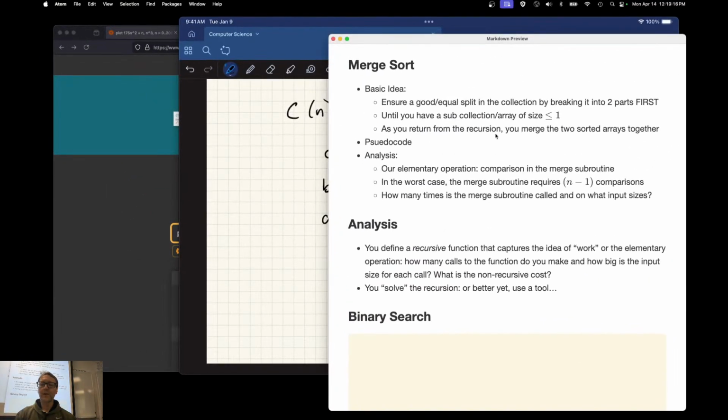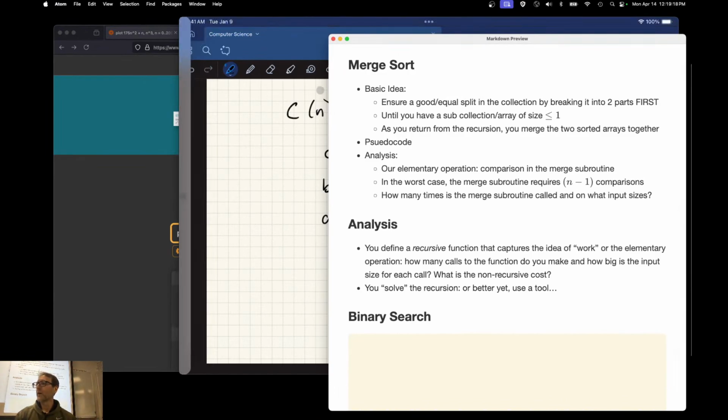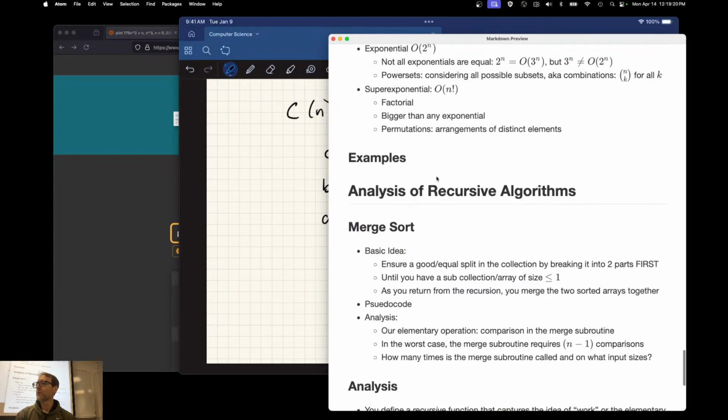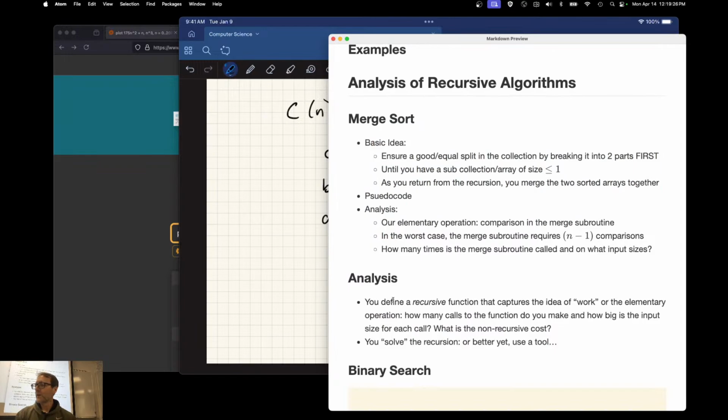So if you're ever in need of analyzing this stuff with respect to recursion, then you have to follow this outline, where you set up a recurrence, and then either you solve it, in which case good luck, ordinary differential equation world, or you just use the master theorem to provide an asymptotic analysis of it.